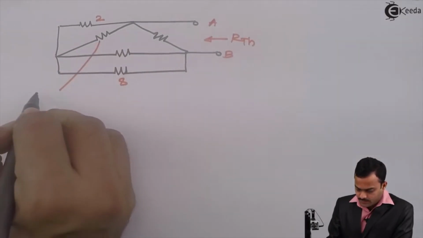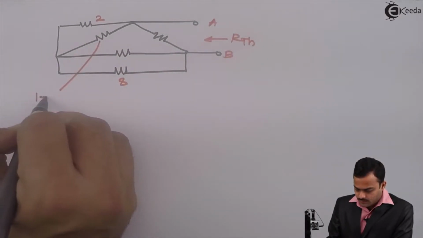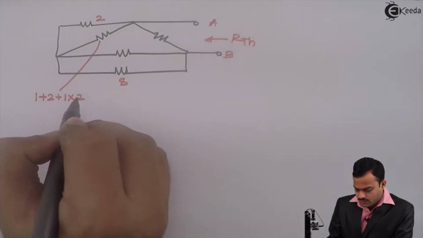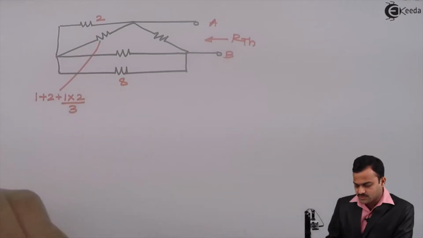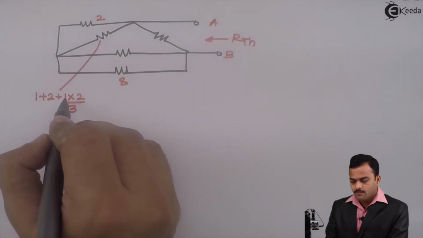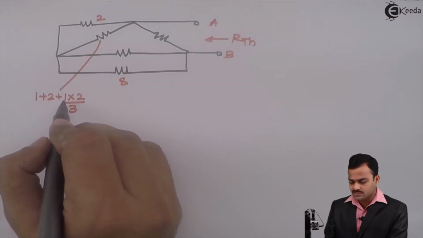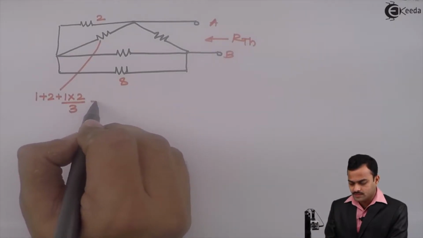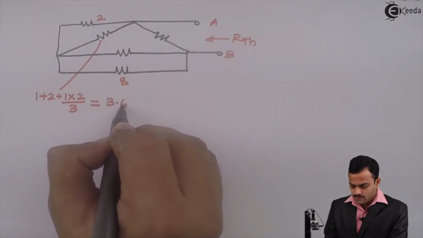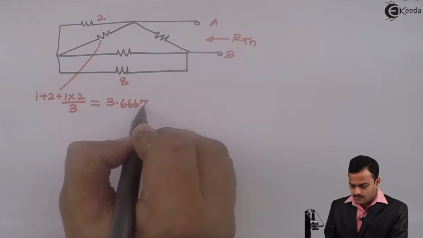So this value will be 1 plus 2 plus 1 into 2 divided by the third resistance, which is 3. So what I have done is the addition of two resistances plus the multiplication of the same two resistances divided by the third resistance. This will give the answer 3.6667 ohm.